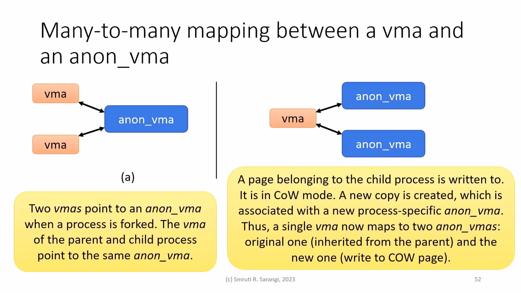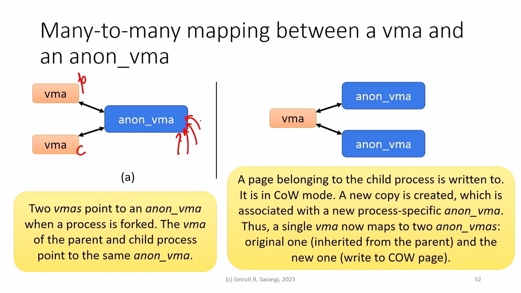But when a process is forked, this will become the VMA of the parent. This will become the VMA of your child, right? Same virtual address region, one parent, one child. They will point to the same anonymous VMA. And all your physical pages will point here.